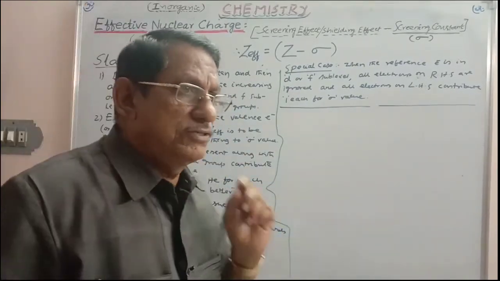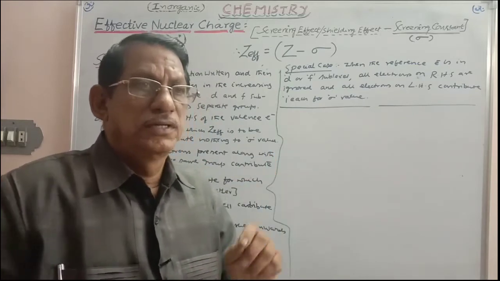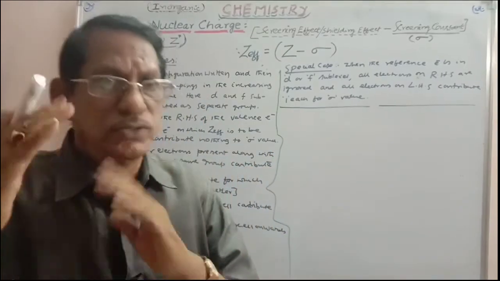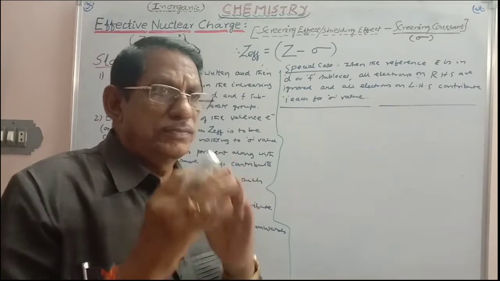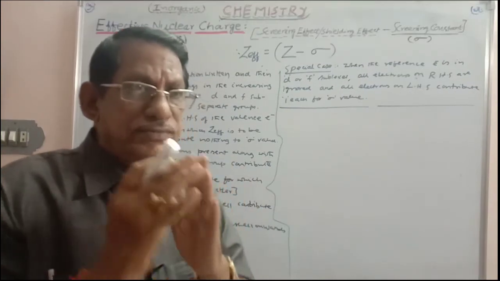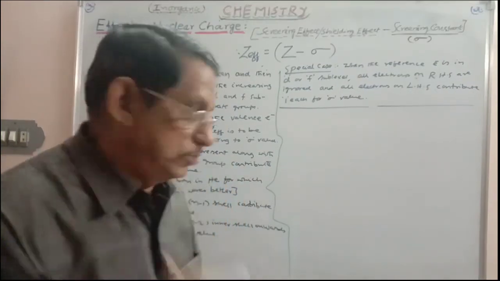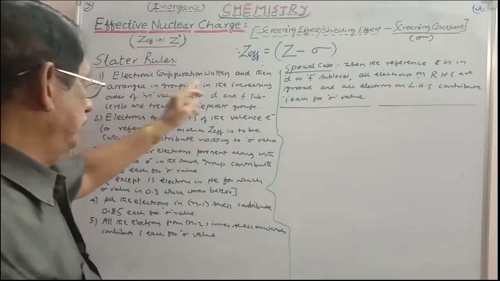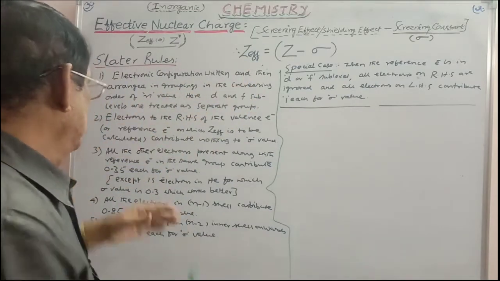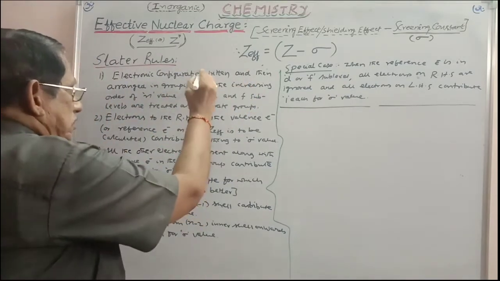So first of all, you have to write the electron configuration in the increasing order of n value; no orbital should be written after an orbital which has a higher n value.